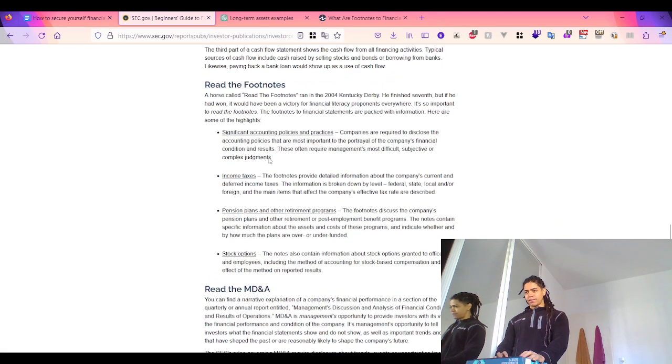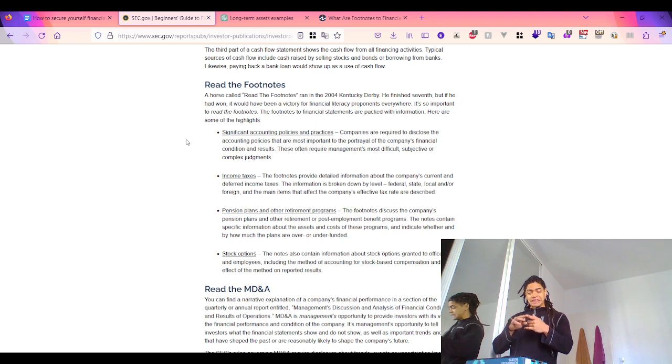So we have significant accounting policy. Some highlights of the footnotes to the financial statement: they are packed with data.